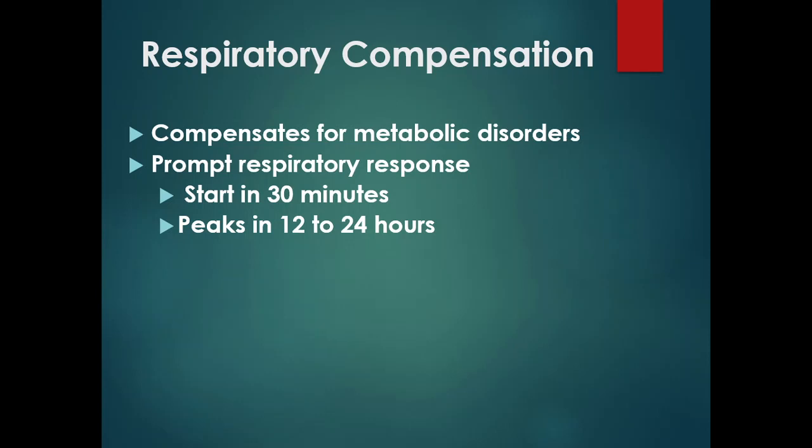It is very important to know the compensation rules for the respiratory and metabolic disorders in order to identify if this is just a simple acid-base disorder or a combination of acid-base disorders. So in simple terms, respiratory compensation is usually done for metabolic disorders.